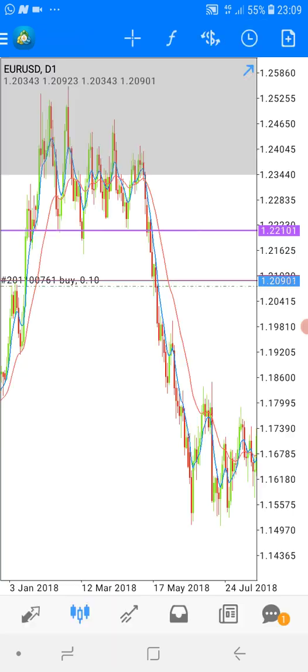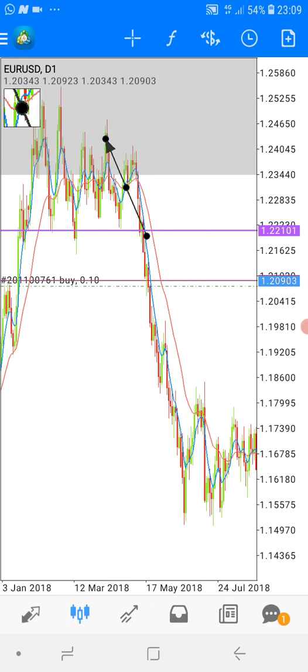There is the move that took out all the other previous structures. That is the move, and then that is where the move was tested. It was tested by this wick right here, and then we just took it going down, and it just kept going down.